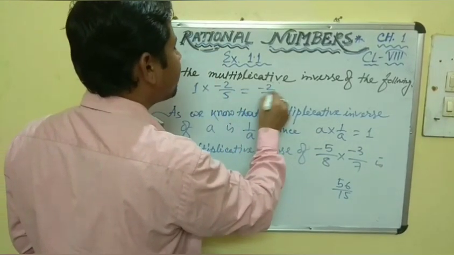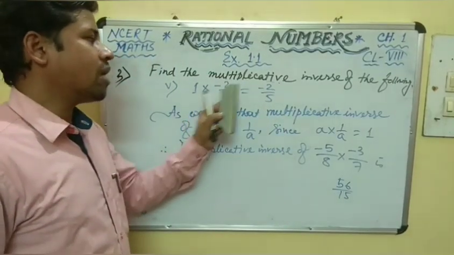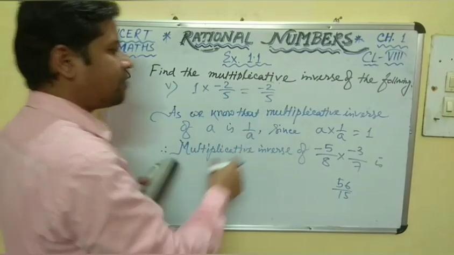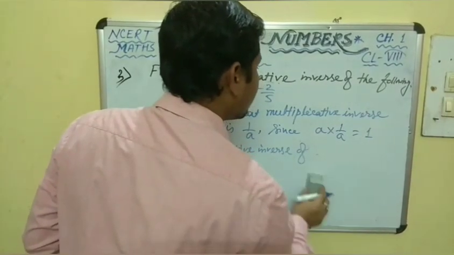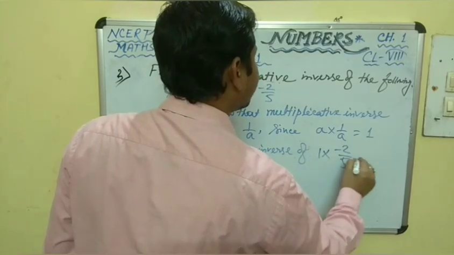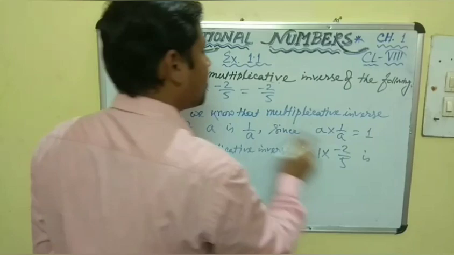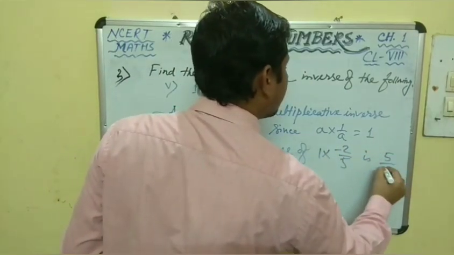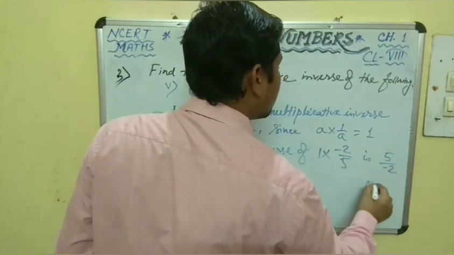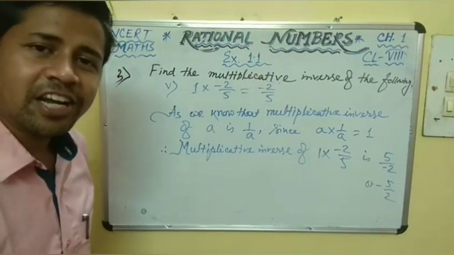Nothing but minus 2 by 5, because if we multiply 1 to any rational number, it is unchanged. So minus 2 by 5. So here also we will write that the multiplicative inverse of 1 into minus 2 by 5 will be the interchange, 5 by minus 2, or minus 5 by 2, both are same. I think it is clear to all of you.